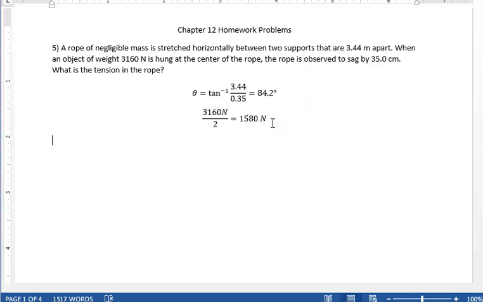Well, we know that the tension times cosine of theta equals this 1580 newtons. And so the tension then is just 1580 divided by cosine of 84.2 degrees.